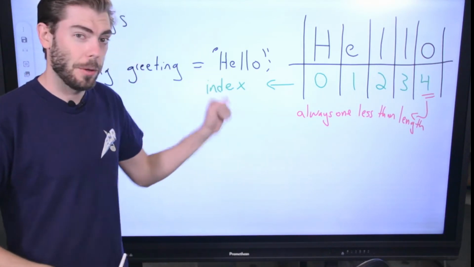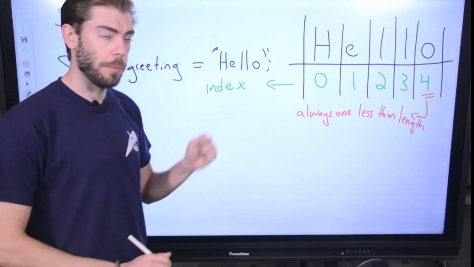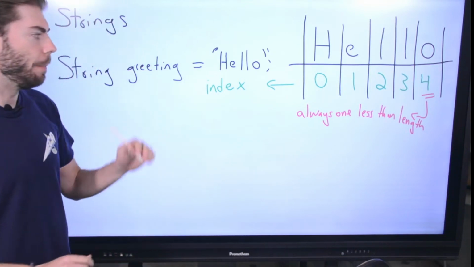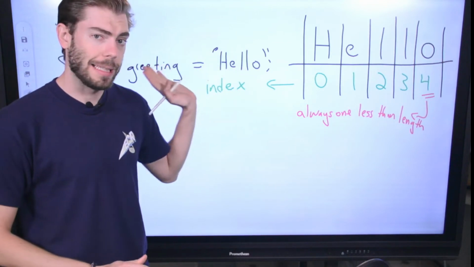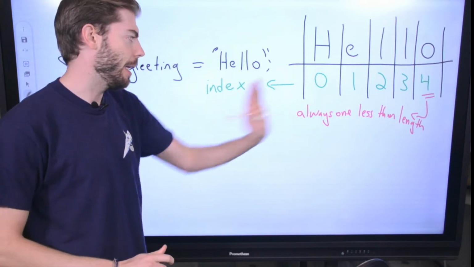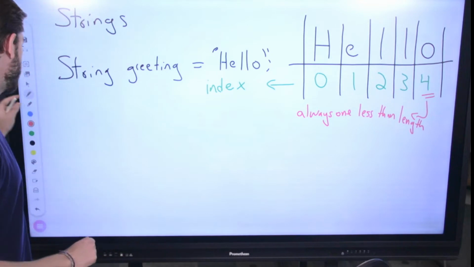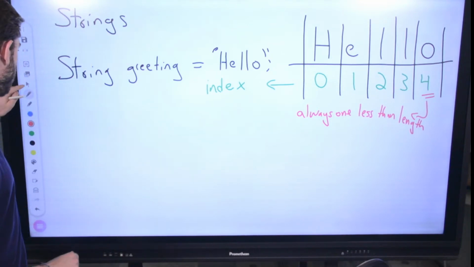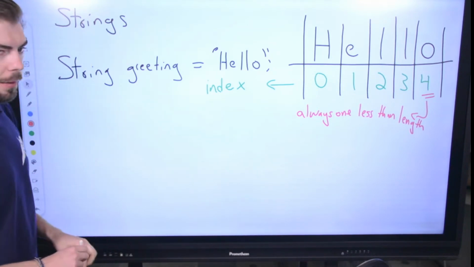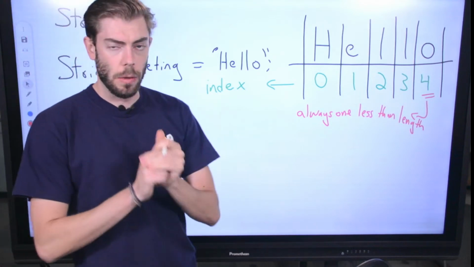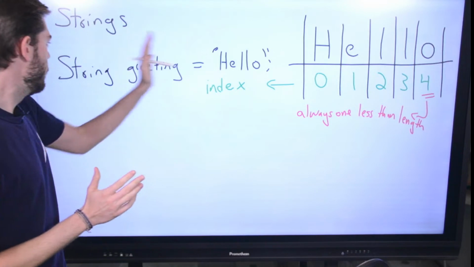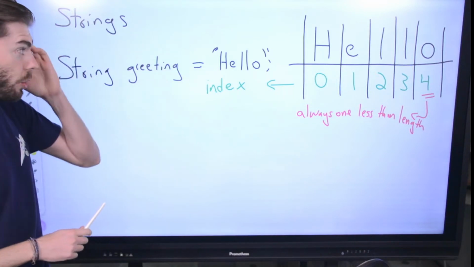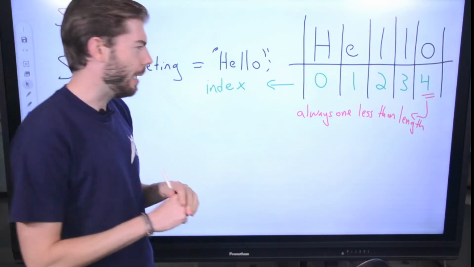I realize I'm hammering that home a lot. That's because it's really important, and we're going to use it many times. It can run into confusion later. So the string index is always one less than the length of the actual string, or the number of characters in the string. Okay, so that's a basic rough idea of how strings are stored, or organized rather, in memory.